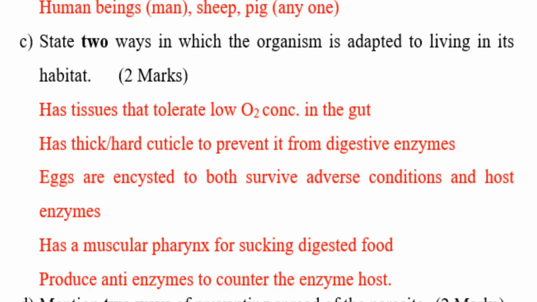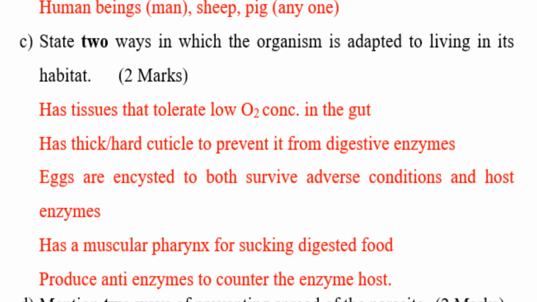Next, has a muscular pharynx for sucking digested food. And then the last one, produces enzymes to counter the host enzymes. This is how Ascaris is adapted to its habitat.